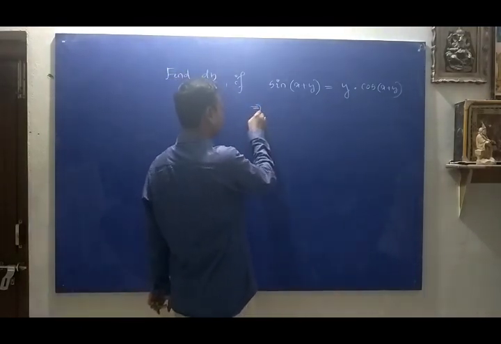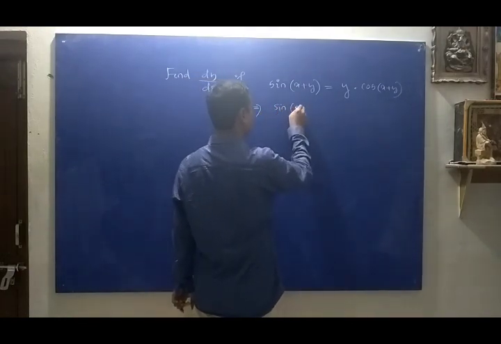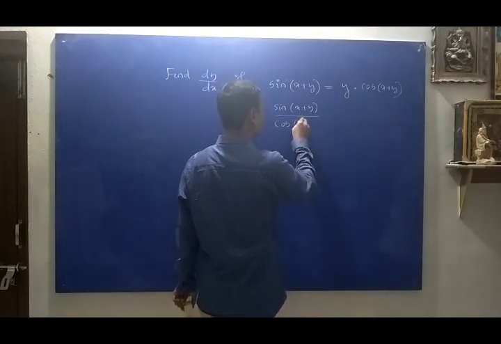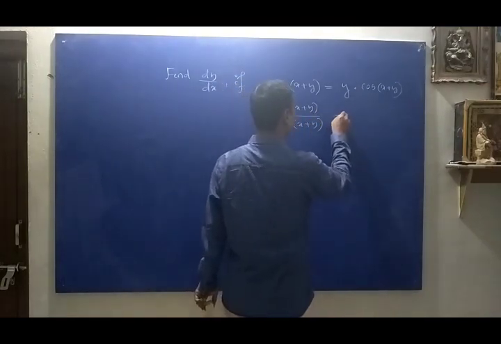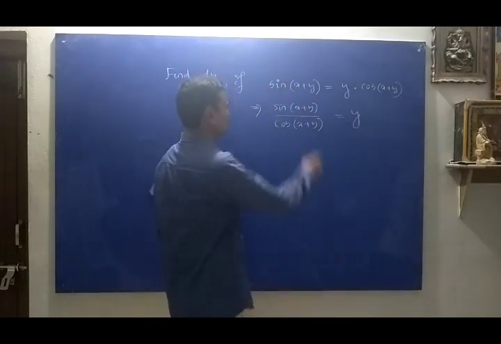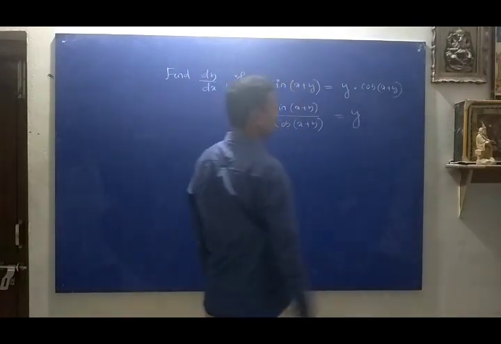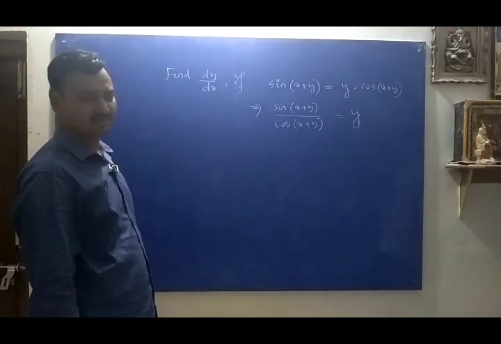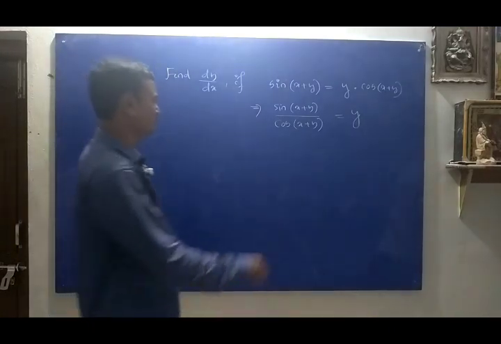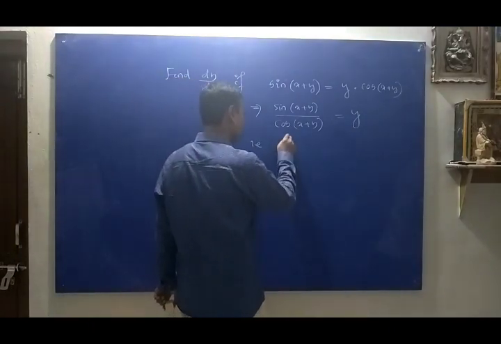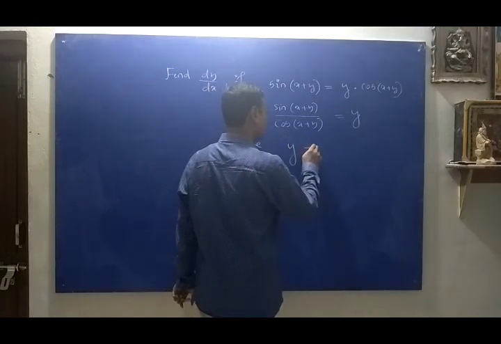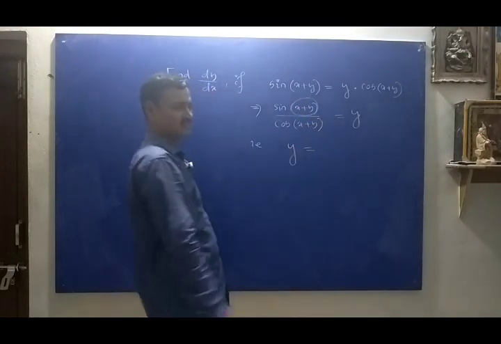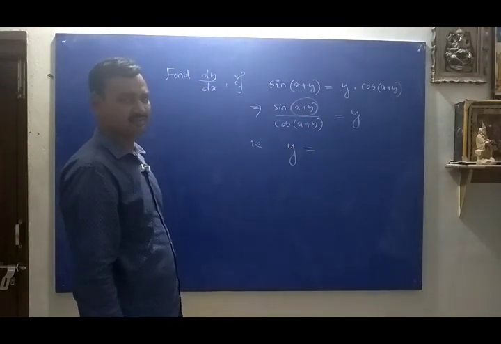This implies sin of x plus y is equal to y into cos of x plus y. So divide by cos of x plus y. What is the result? Sin of x plus y by cos of x plus y is equal to y. Take this as theta, so sin theta by cos theta is tan theta.